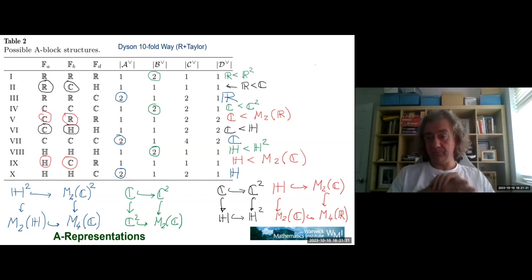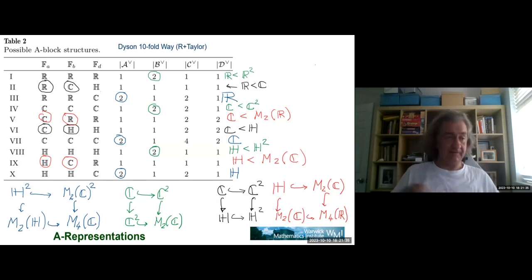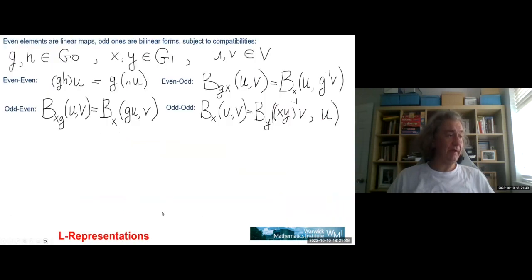Good. Now let's go and understand the other theory. So this is antilinear theory, where odd elements act by antilinear representations. What happens if they act by bilinear forms? This is what we call L representations.